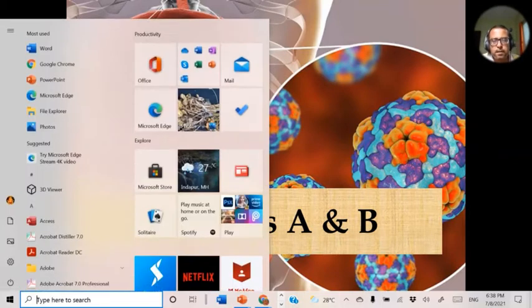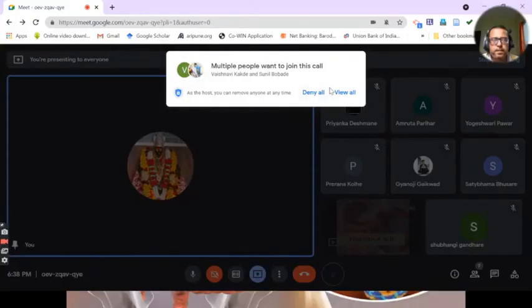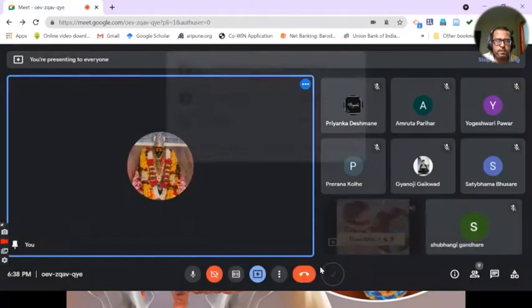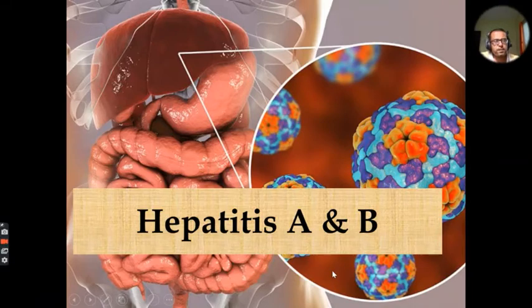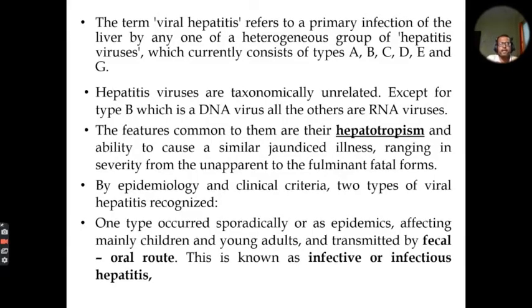So in this class, we are going to study the viral diseases, and these viral diseases are of two types, AIDS and hepatitis A and B. Now firstly we will see the hepatitis A and B diseases, and these are diseases primarily of the liver of human beings, and they are caused by a group of viruses known as viral hepatitis.